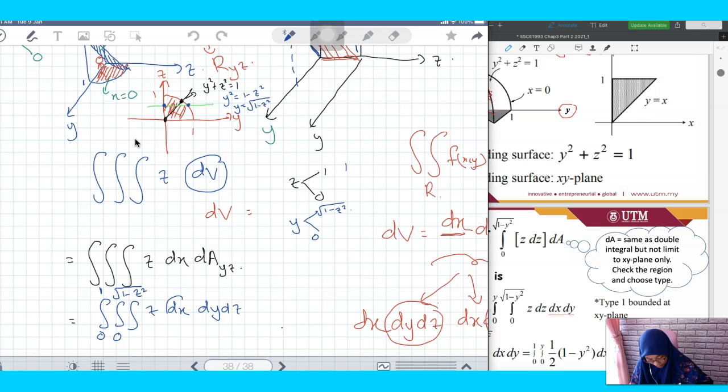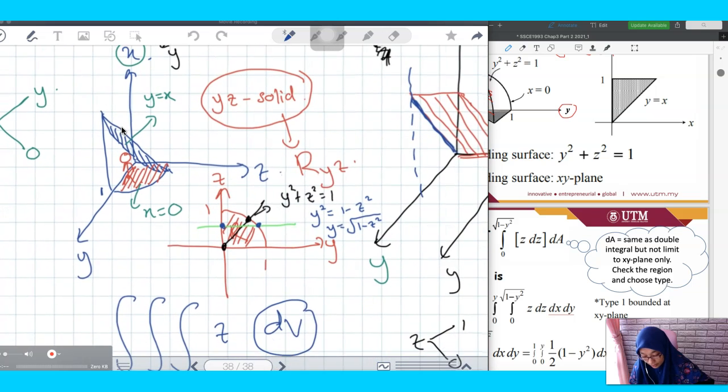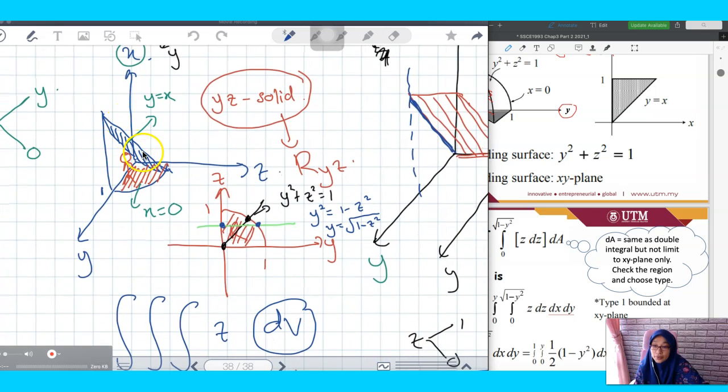We don't have this limit yet, right? So for the first integration here, you have to look at your solid. Now ask yourself, imagine this is you, who is your lower bound and who is covering you up here.